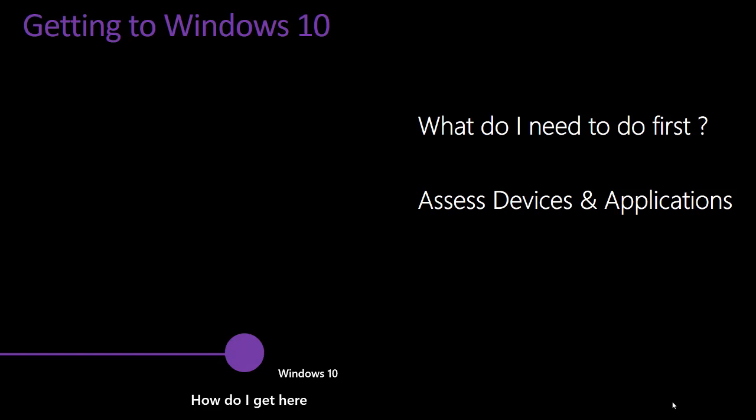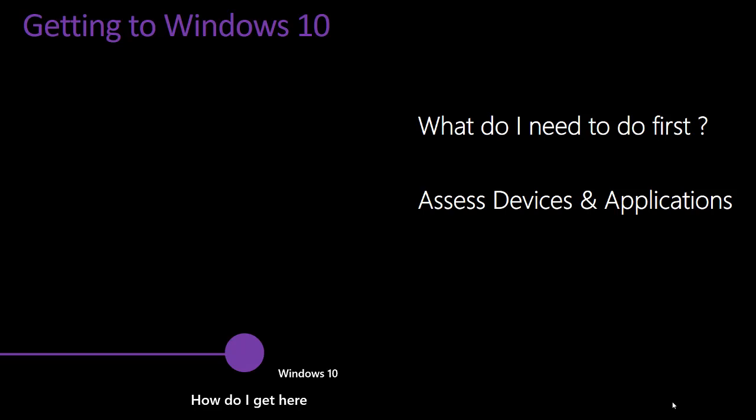Now, I was saying one of the things that's obviously top of mind is getting to Windows 10, but hopefully you are aware that, though this has been mooted as the last ever desktop operating system, don't be fooled by the fact that this is the last time we're going to be upgrading our operating system from the likes of 7 to 10.